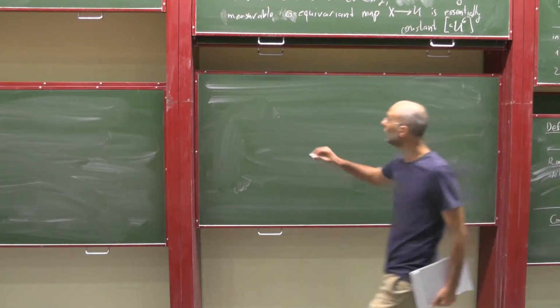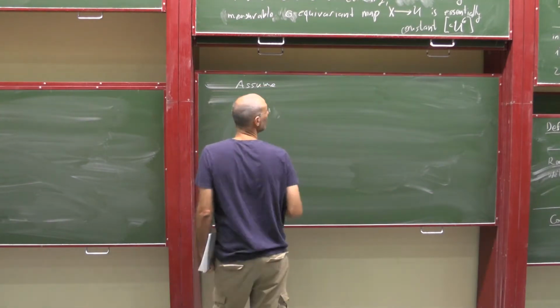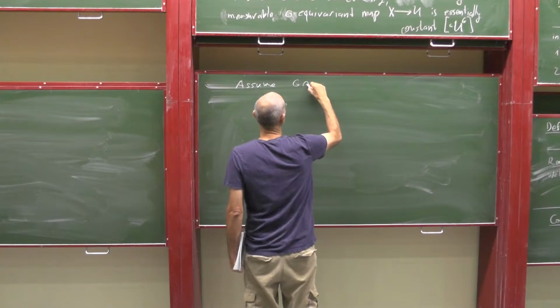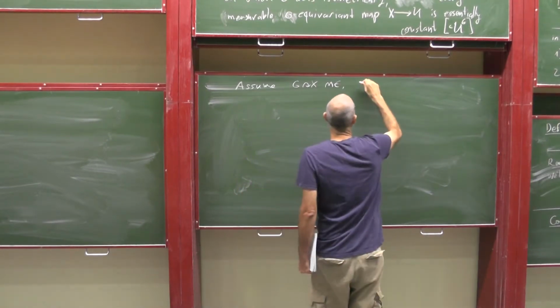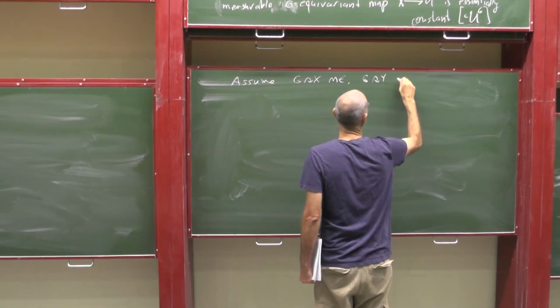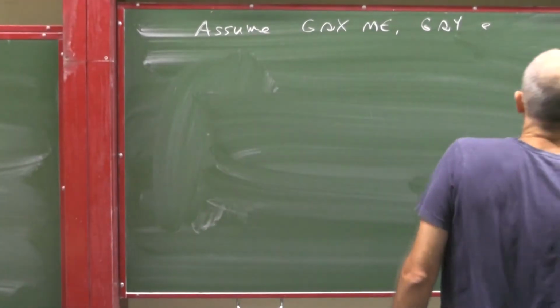So, assume G acting on X is ME, G acting on Y is ergodic.